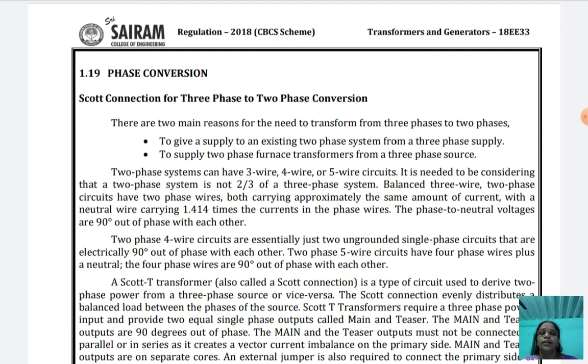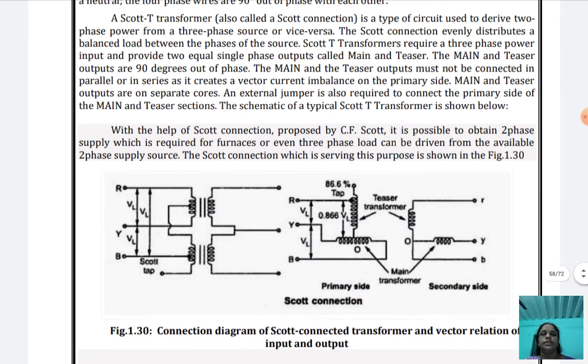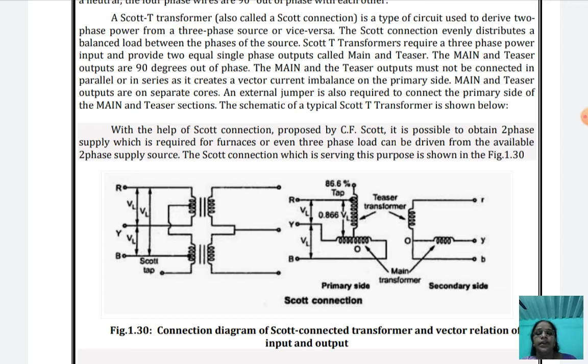Therefore another name of the Scott connection is the Scott T connection, because the shape is nothing but a T. Now you see the figure. In diagram 1.30, capital RYB is the three-phase system, and the Scott tap is also there, the 66.67, that is the 0.866 tap only.